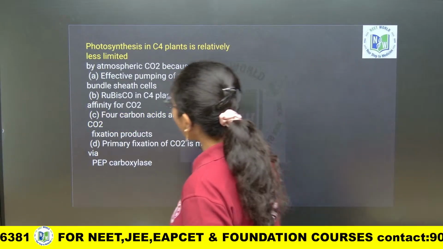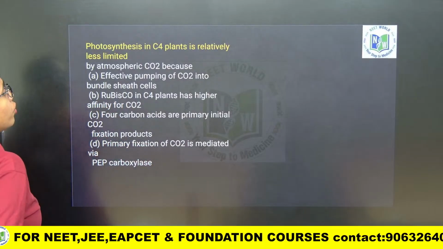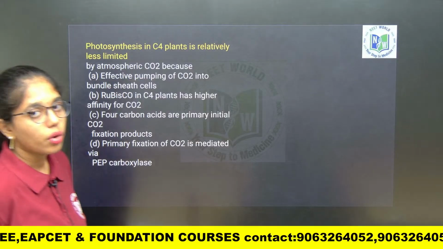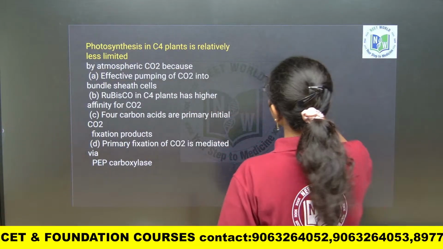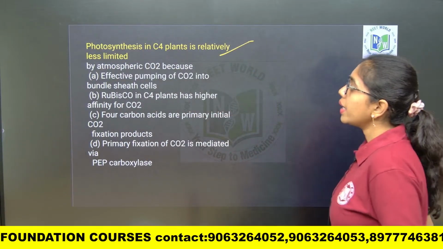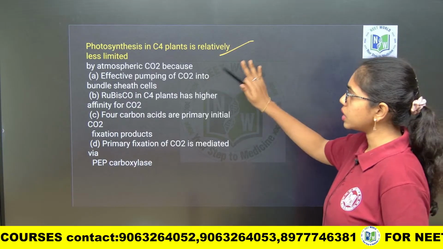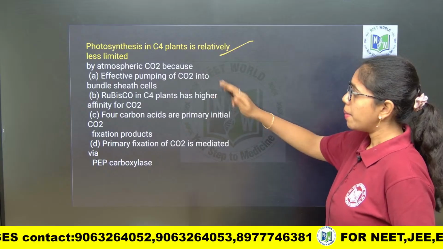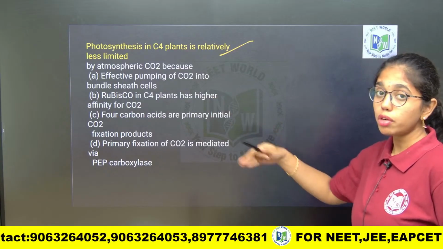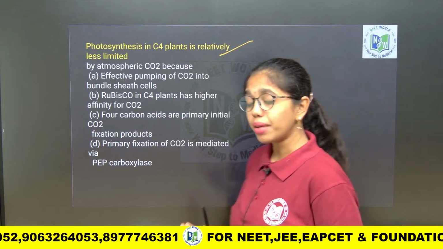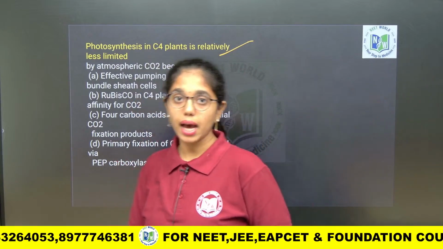Again, a statement based question. Photosynthesis in C4 plants is relatively less limited by atmospheric carbon dioxide because of what reason, he is asking. First remember the primary carbon dioxide acceptor in C4 plants.